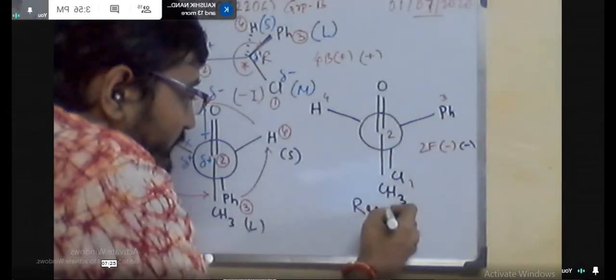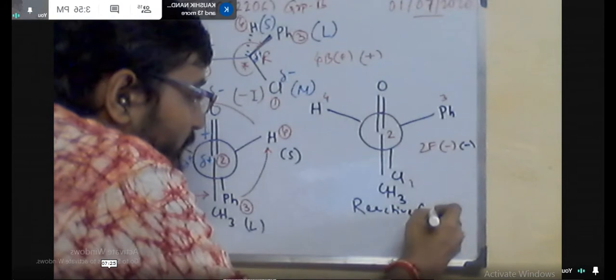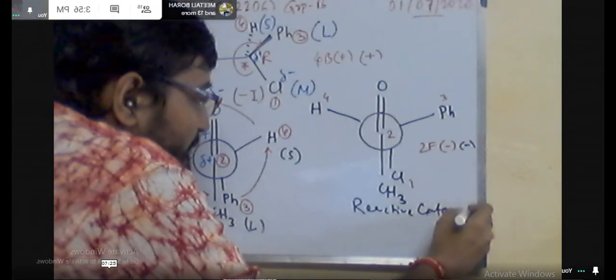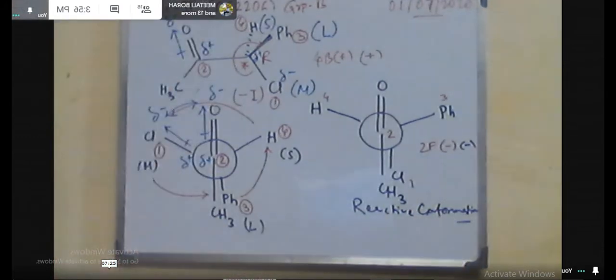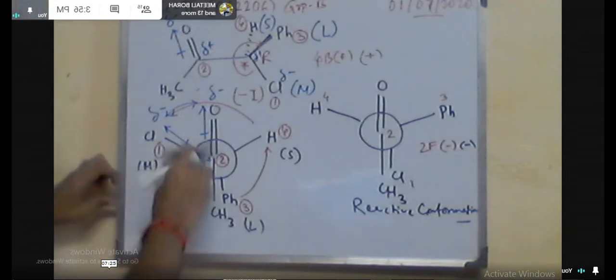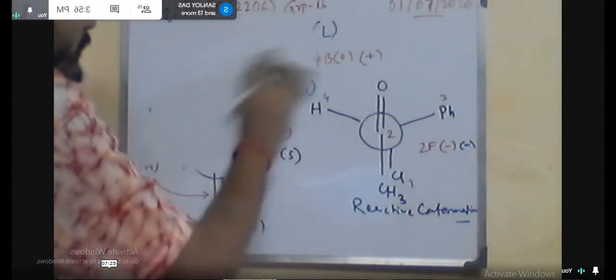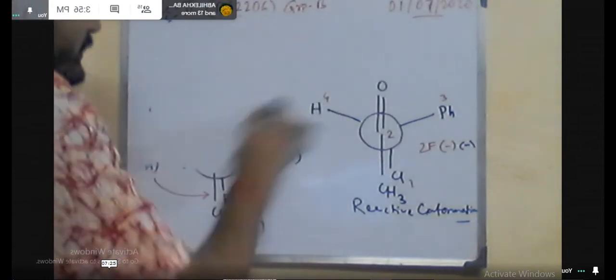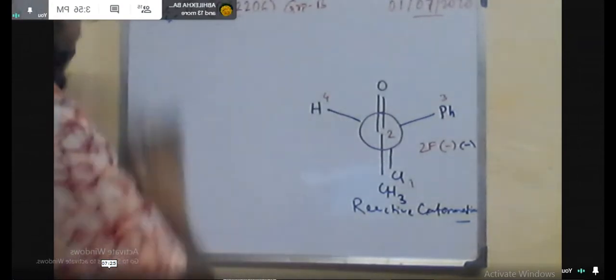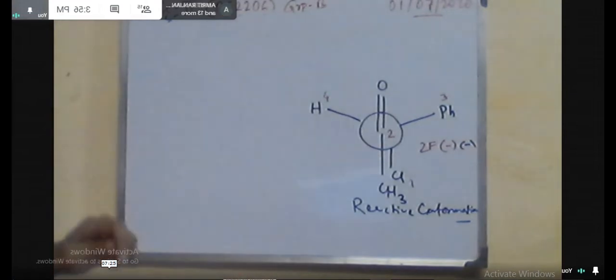Okay, so if we add, say, sodium borohydride or lithium aluminum hydride, this will attack from this side. When this attacks, and finally the acidic workup, we will get the structure.